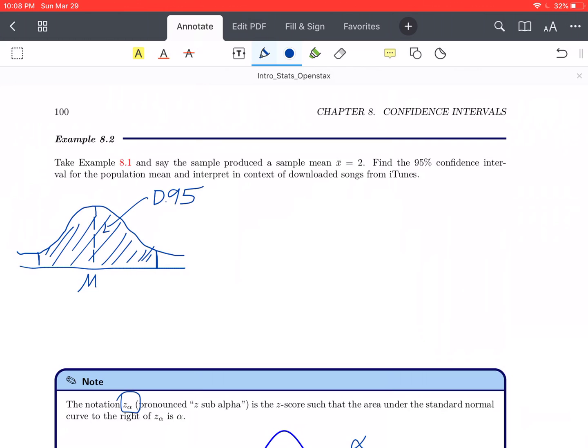So if that's 95%, then if you look at these areas out here on the tails, these two areas, if the middle is 95%, the two tails must be 5%. Right? So they're 5% together.